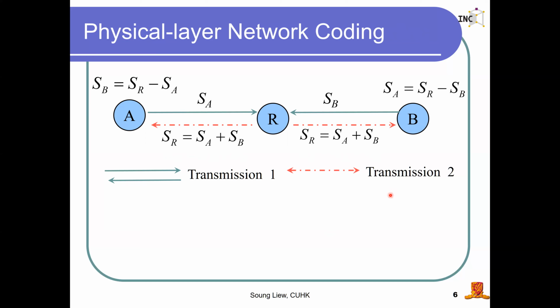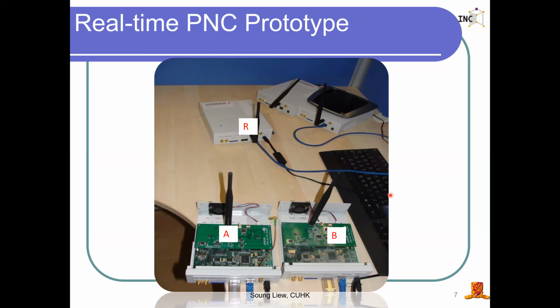Does that work? Well, at the Institute of Network Coding, we have built a prototype on this radio board, which interfaces to a computer using software-defined radio. Again, A and B will transmit together to this relay, and this relay will broadcast SR back to A and B. In the lab, A and B are not so far from each other.